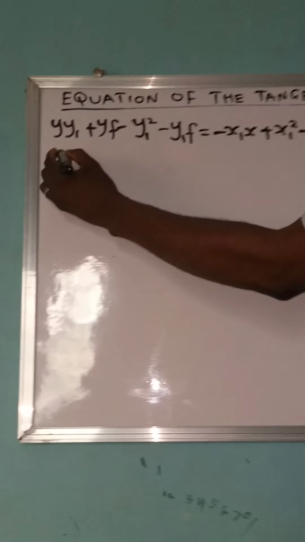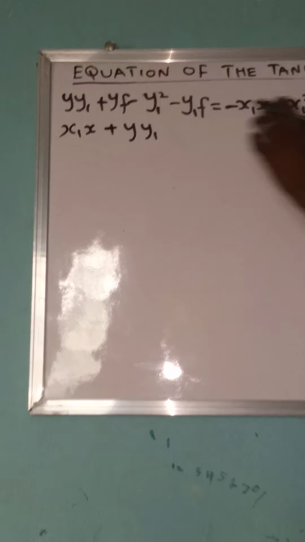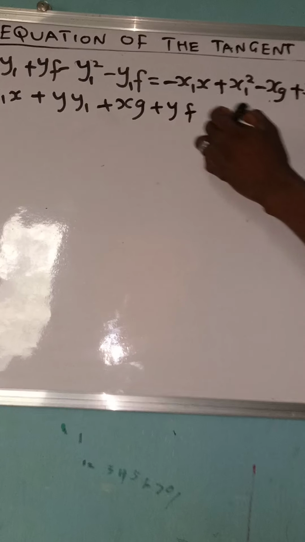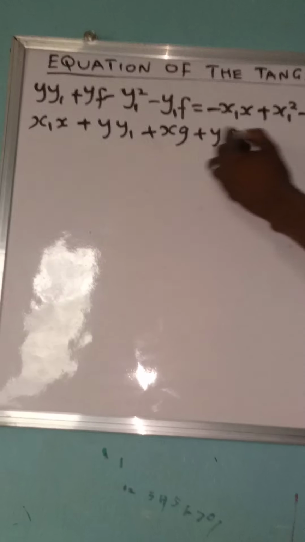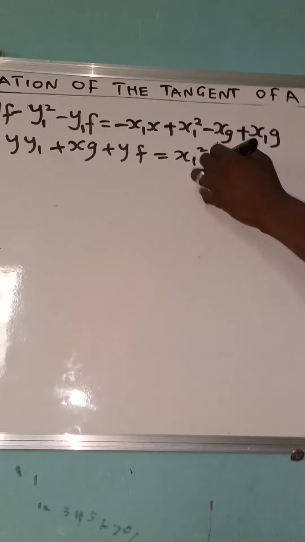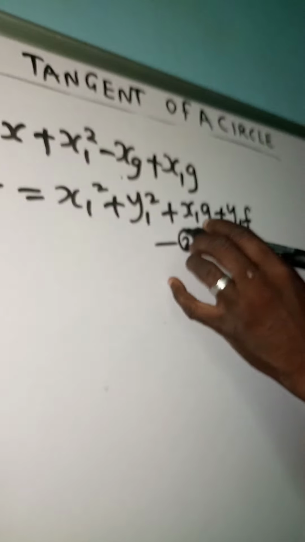Minus x1x comes here, you have x1x plus yy1, then minus xg will come here, plus xg plus yf is equal to x1 square, minus y1 square will come here, plus y1 square. Then what do you have left? We have plus x1g, and the minus y1f comes here, plus y1f. So this is equation 2.